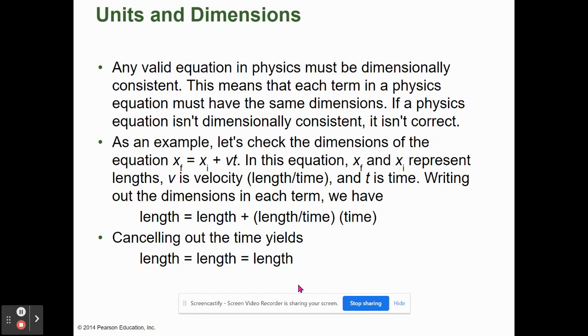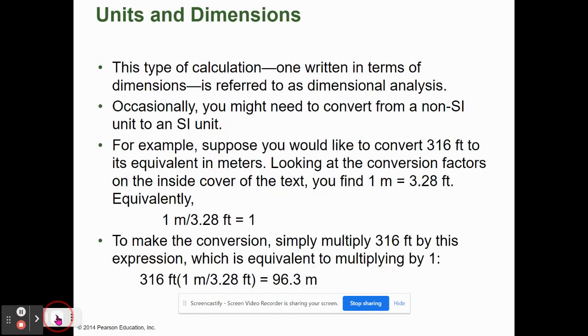So if you're doing a calculation and that doesn't happen, then you have used the wrong formula. Okay? So you've got to have them all come out to be the same dimension. Okay? And that's from yesterday. So today we're going to look at changing units.